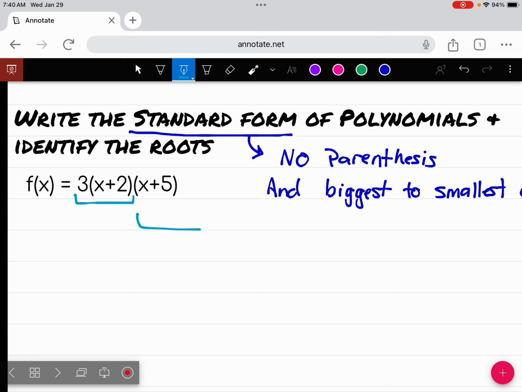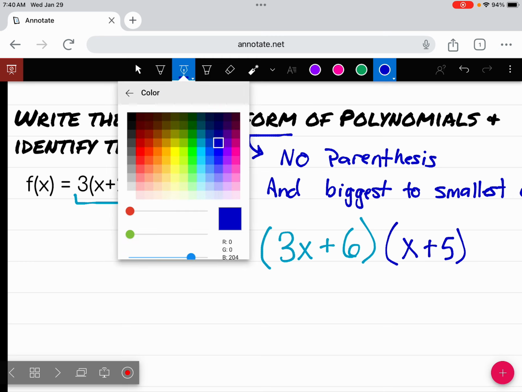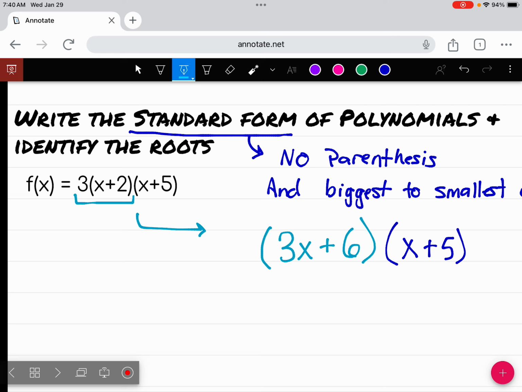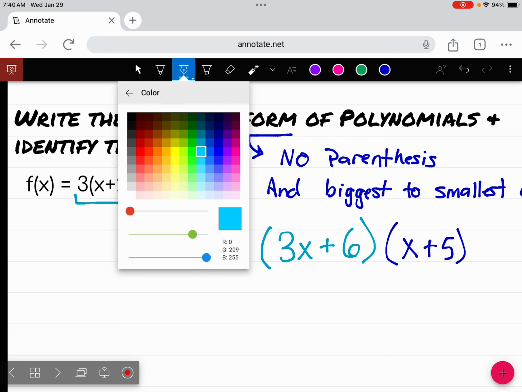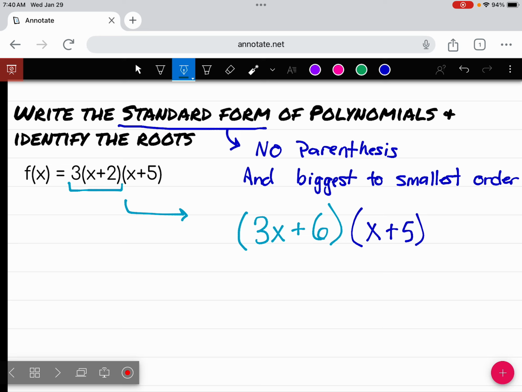So to get this into our standard form, I'm going to take this and make this be 3x plus 6, and then distribute the 3, x plus 5. Then we're going to do another round of distribution. I need to multiply the rest of these together. So now we're going to do just like we did in the bell work, where we distribute or do the box, however you want to do it.